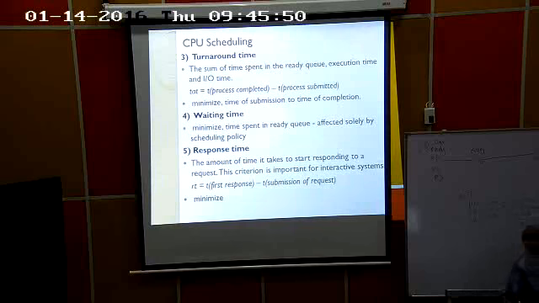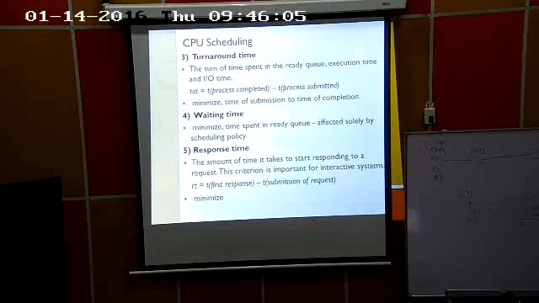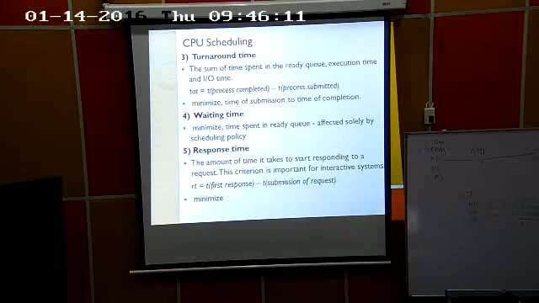Okay, for this process, P1, the turnaround time is 24. 24 minus submitted 0 equals 24.